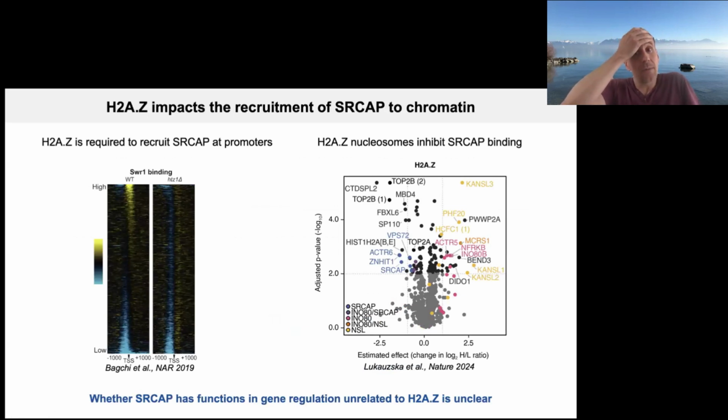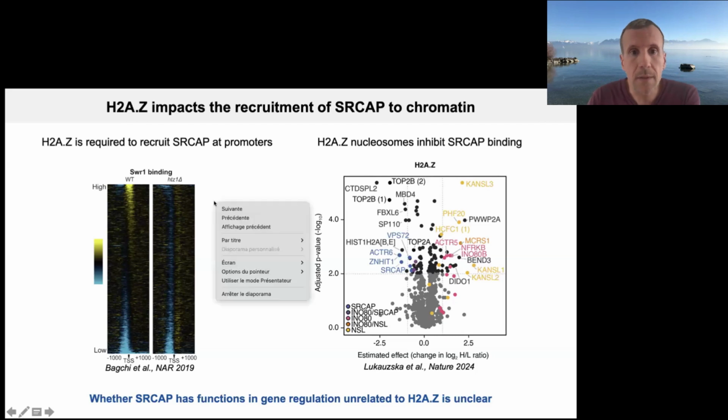Another potential confounding factor when depleting H2A.Z is that it itself also impacts the recruitment of its own chromatin remodeler. So in yeast, if you knock out H2A.Z, what you actually see is that the yeast version of SRCAP, that is called SWR1, let me just get the laser pointer.